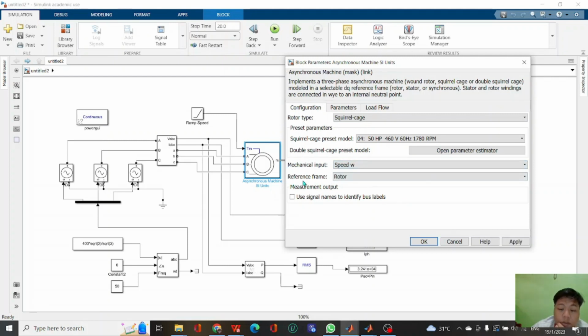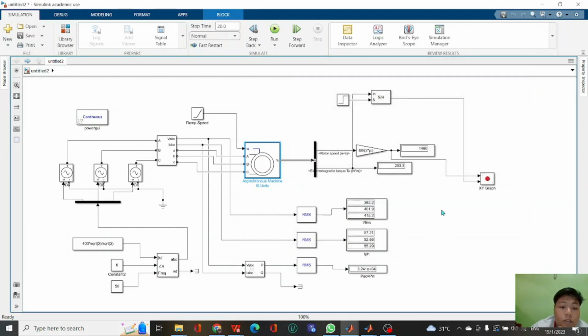Okay, and reference frame is stationary rotor. Apply. Okay, all of this same as test 3. Okay, for this we want to see the graph to take the highest reading. Okay, first we must run this simulation.